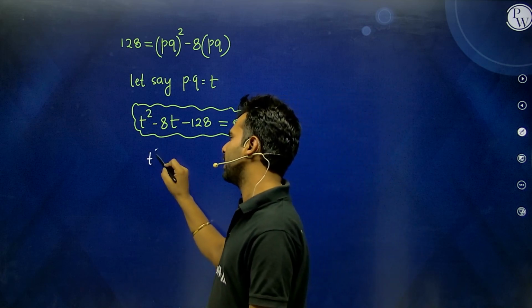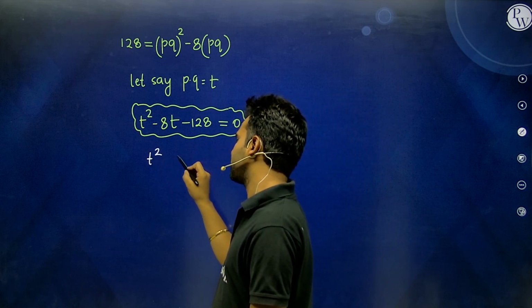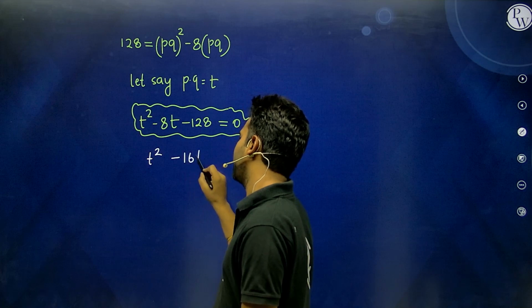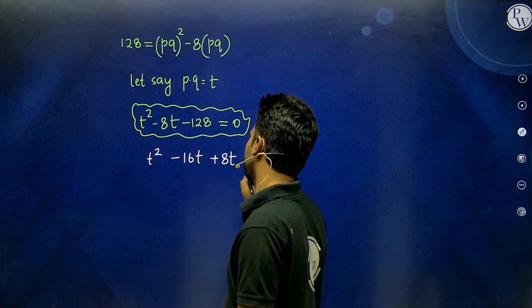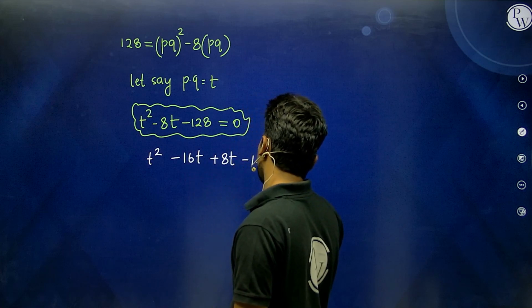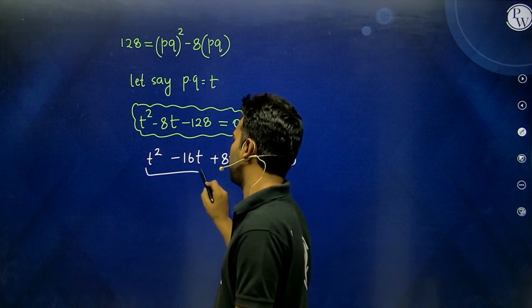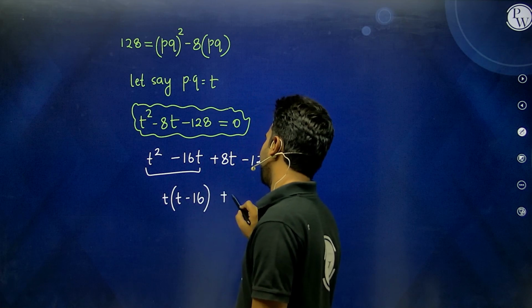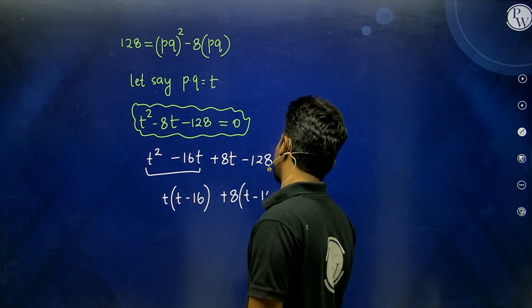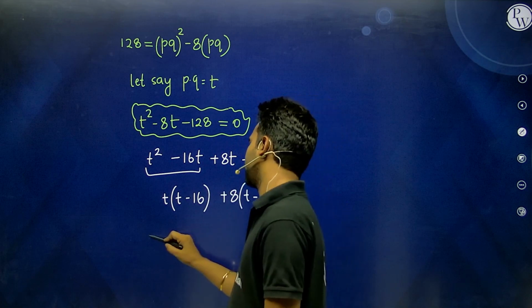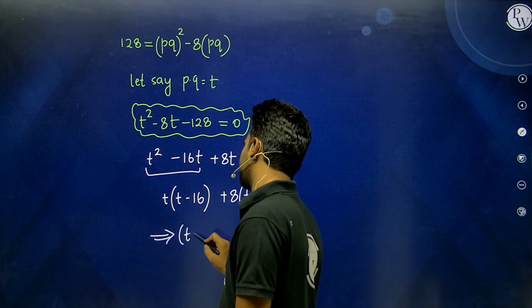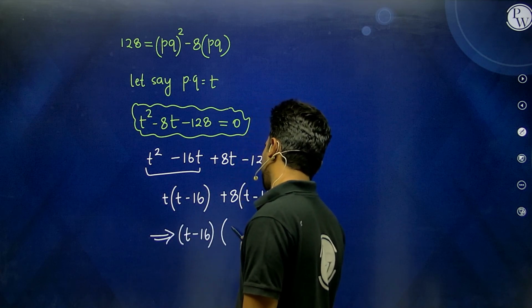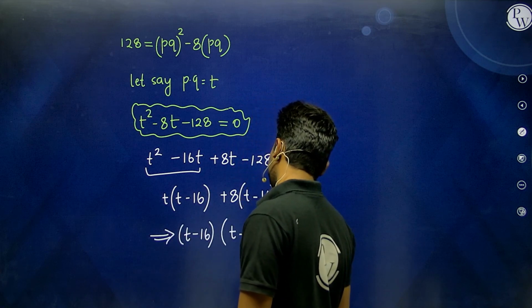If we do it by splitting the middle term, we can write the equation like this. Taking t common from here, it becomes t times (t minus 16), and taking 8 common from here, it becomes (t minus 16). What we get is (t minus 16) times (t plus 8) equal to 0.